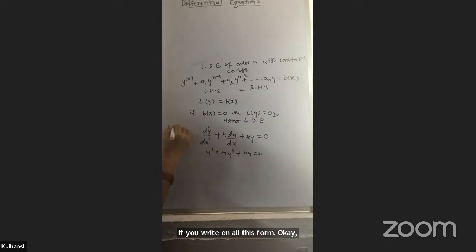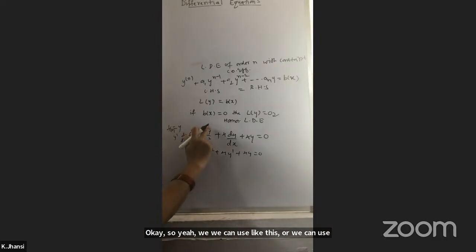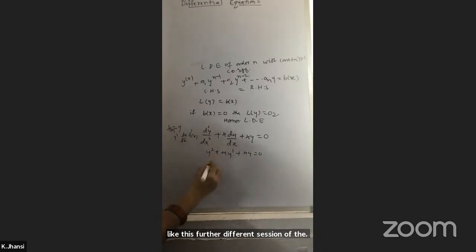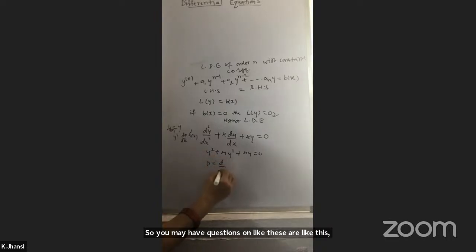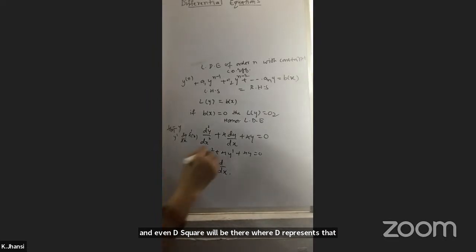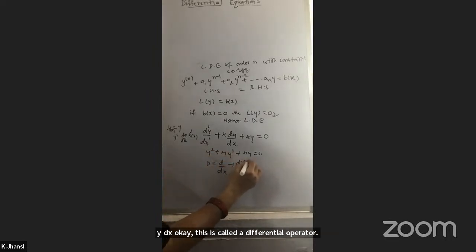You know already that whenever y equals f of x is any function, we find the differentiation of it. We represent it either as y dash, or dy by dx, or f dash of x. Here we can use any of these for the derivatives. You may have questions like this, and even D square will be there, where D represents d by dx. This is called the differential operator.